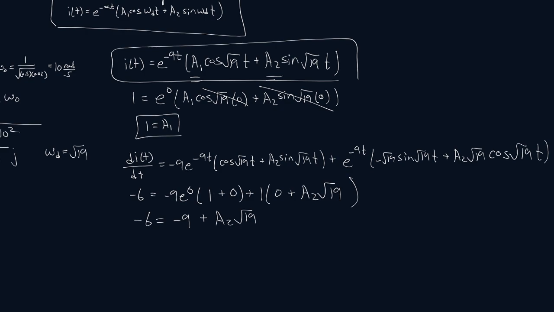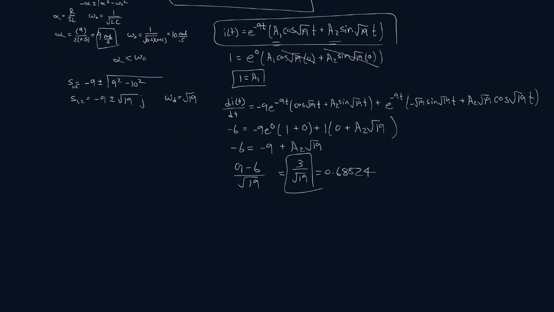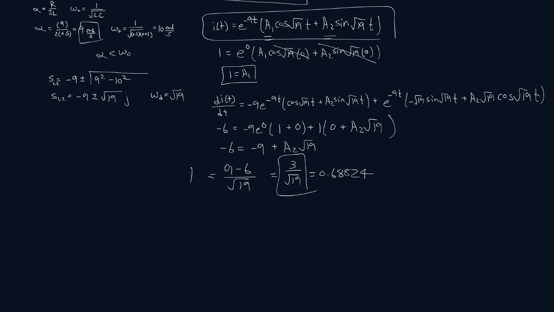Okay, so this one will be 9 minus 6 all over square root of 19, which is 3 over the square root of 19, which is 0.68824. I'm just going to work with this value. And this is what A2 is equal to.